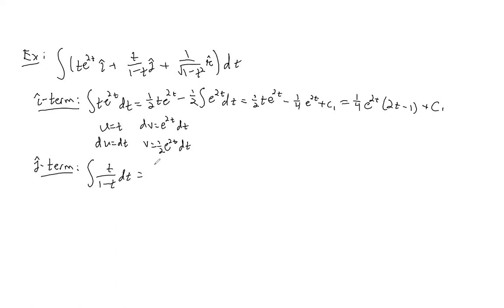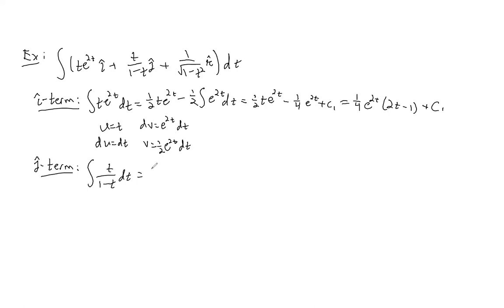You could try doing it by parts. And if you did it by parts, what would that look like? Well, you can differentiate t, and so u is t, and dv is 1 over 1 minus t. But then the problem is you'd be integrating a natural log, which is not super easy, not impossible, but not super easy.